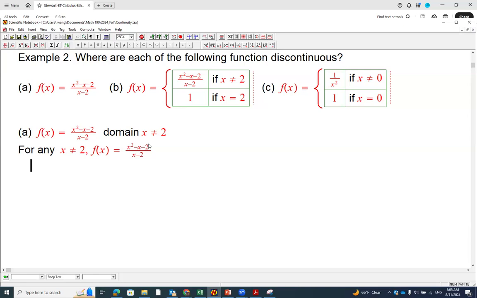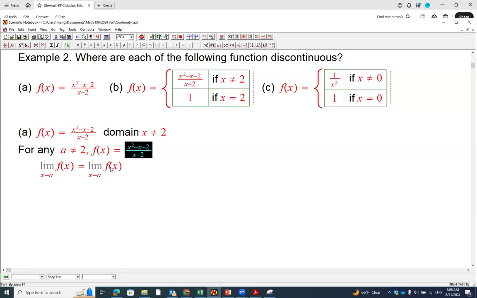And if we consider those limits, as x approaches any a not equal to 2, it's just going to be the limit of the function.